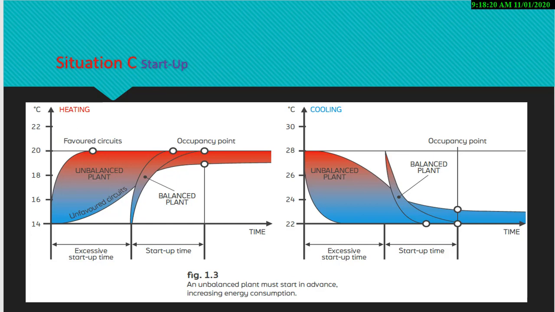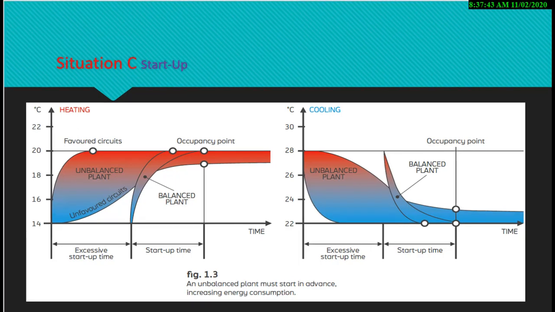Disadvantaged circuits will not reach a sufficient flow rate until the privileged rooms have reached the thermostat set point, assuming the set point has been selected in a reasonable manner.